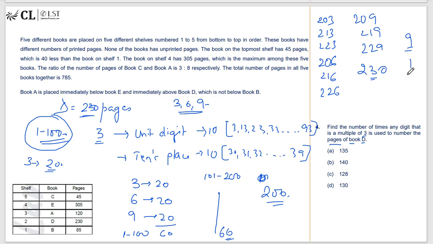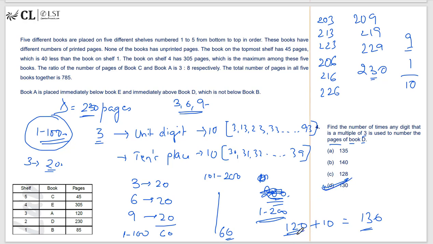So one more: 9 plus 1, 10. So between 1 to 200, the count is 120. 60 plus 60, 120, plus this 10. That gives me a total of 130 here.